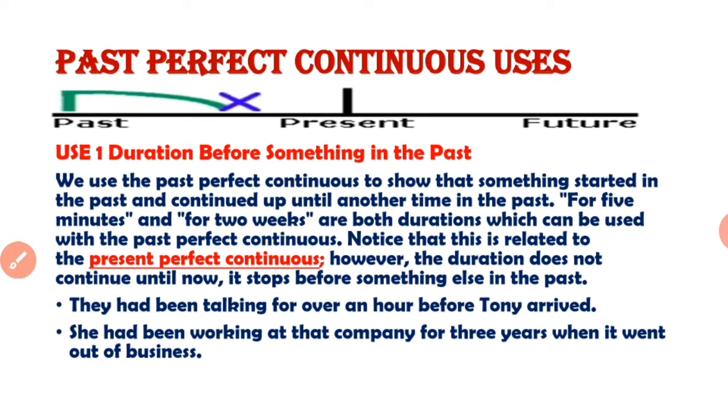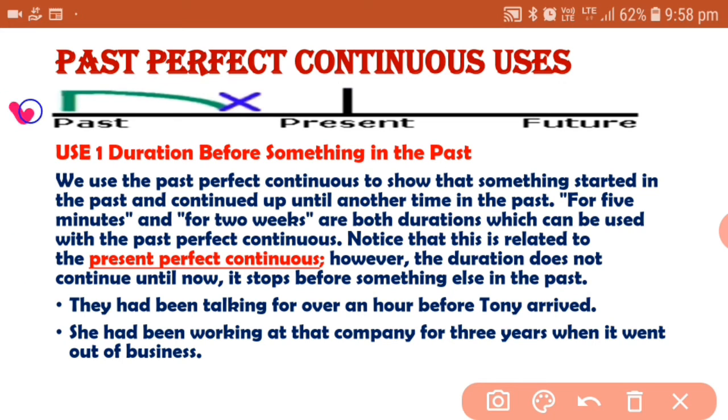Past perfect continuous uses. Use number 1, duration before something in the past. Students, here you can check. This is past, and here we can say this is also past, and this is the distance between two actions of the past.